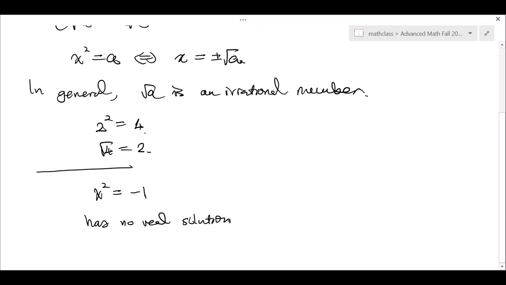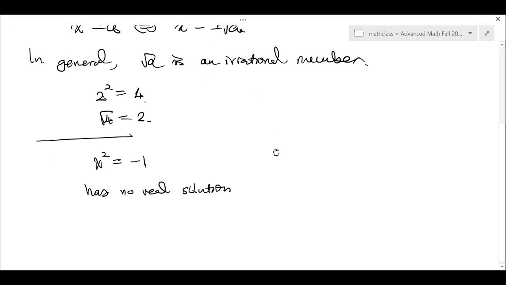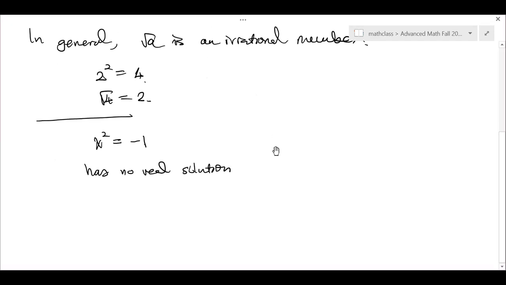That means there's no real number satisfying this equation, because the square of any real number is going to be non-negative. So you don't have a real number with that.